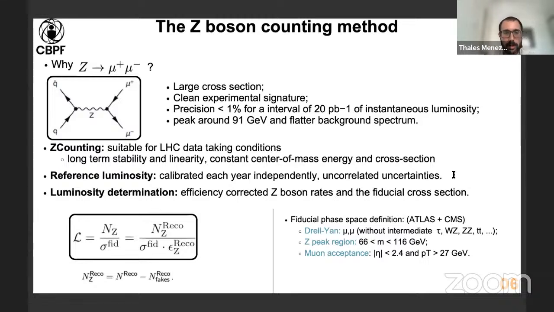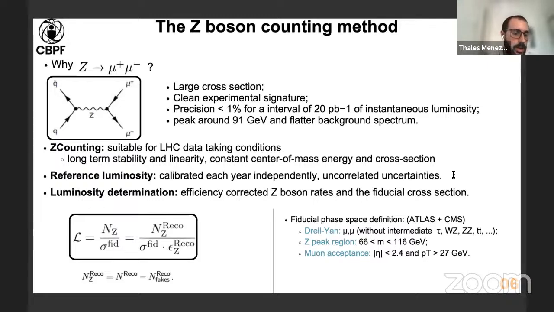With these characteristics, using this counting method we can achieve long-term stability and linearity of the results. It is very promising in the sense that when we take the reference luminosity, which is our target, each year has a different calibration, which can lead to uncorrelated uncertainties. That is not the case for the Z-counting method.